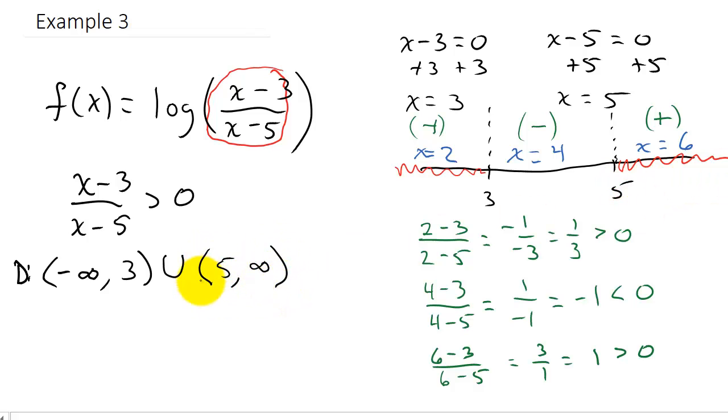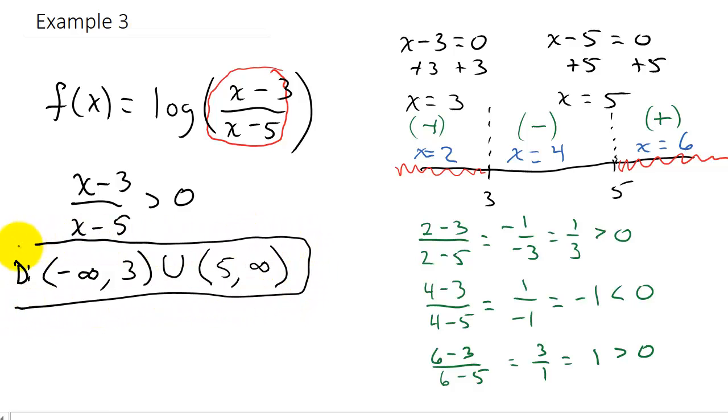Okay, and I'm using parentheses because it's not or equal to, and I have to use the parenthesis anyway because we couldn't include the 5, because if we did, that would give us 0 in the denominator, and we can't have that. Alright, so this would be your domain.